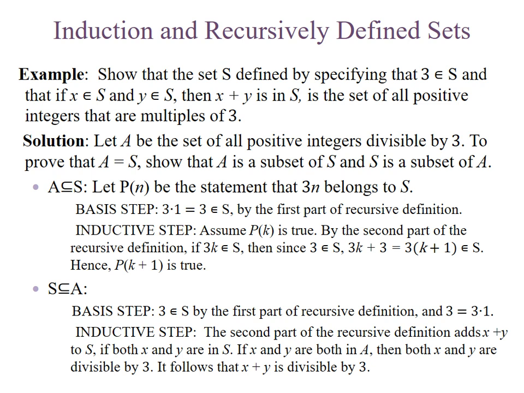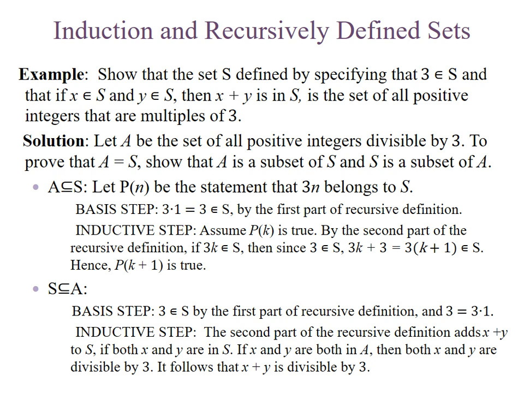So instead, we have another set A, which is all positive integers divisible by 3, and we want to prove the set A equals set S. Right? So remember, we want to prove the set equality. We need to show that A is a subset of S, and S is also a subset of A. Then we can show that they are equal sets.